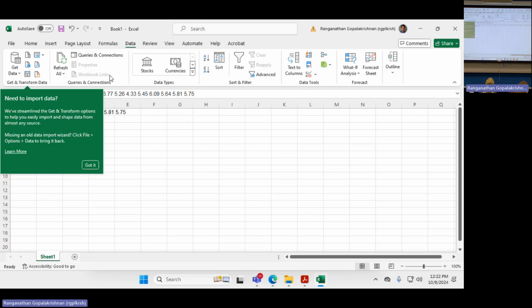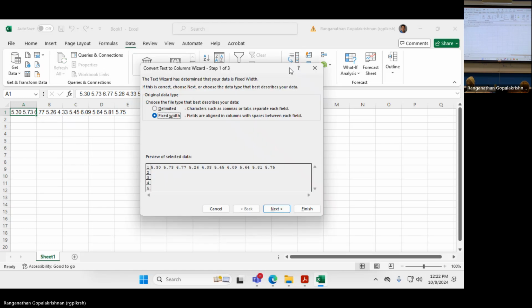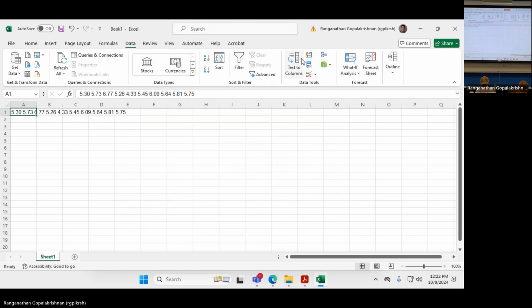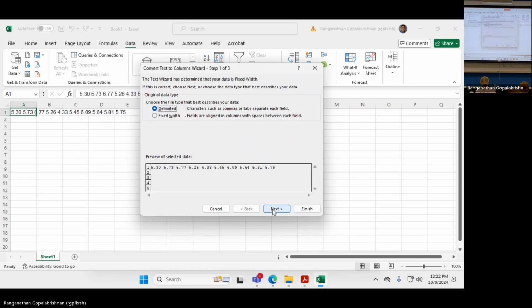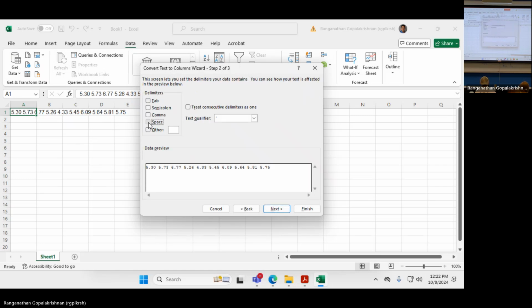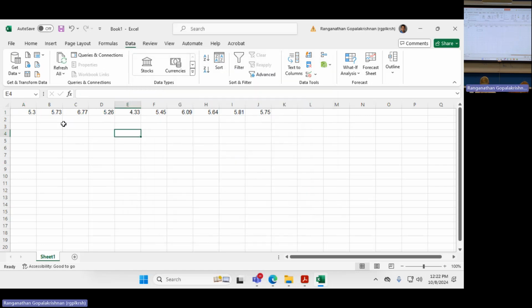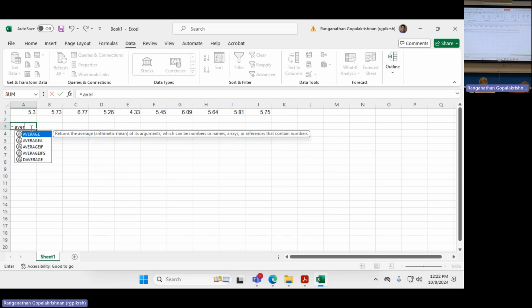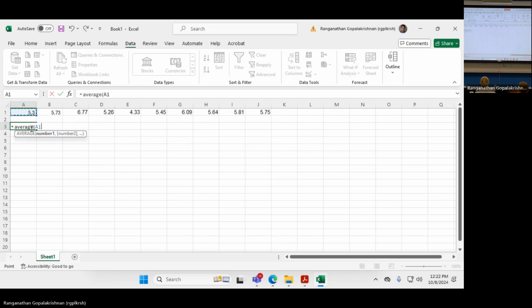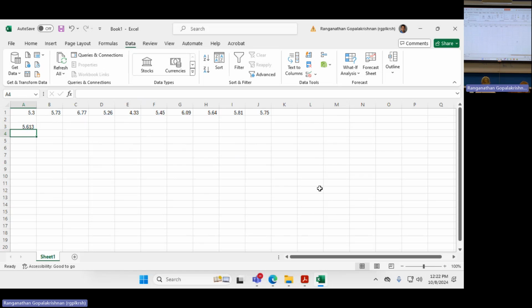All right, so data. All right, so what's the mean value? Average. Okay, 5.613 is the mean.